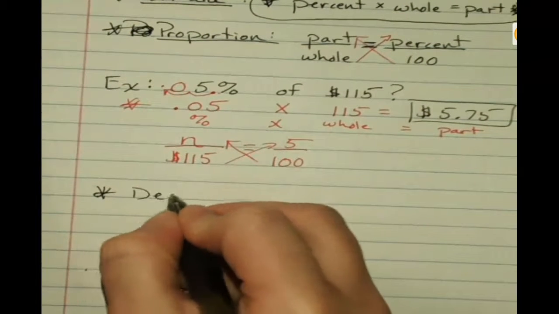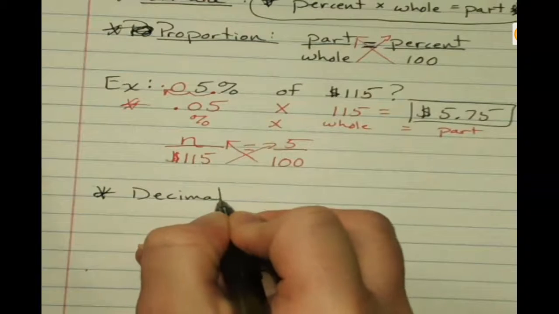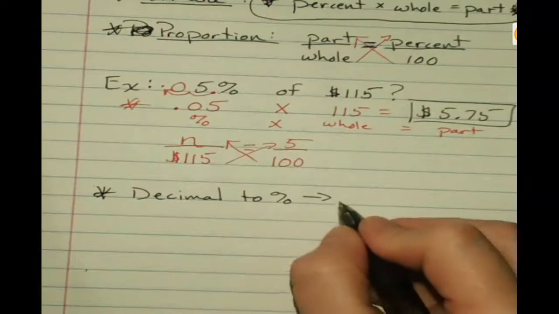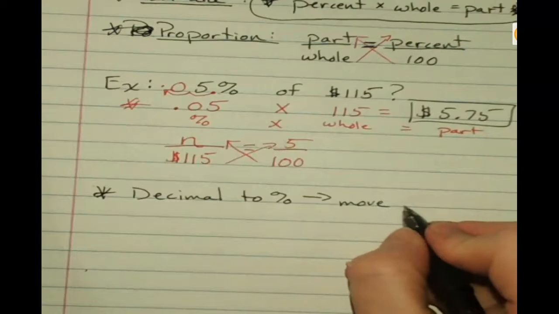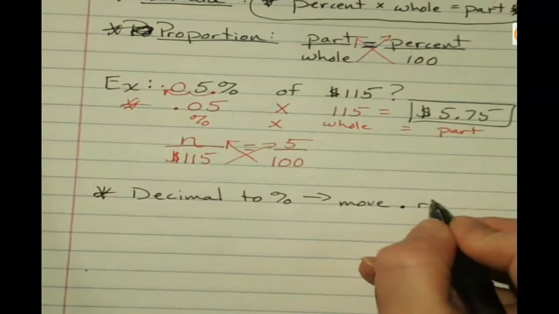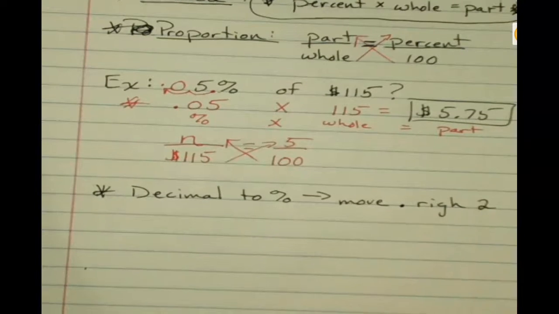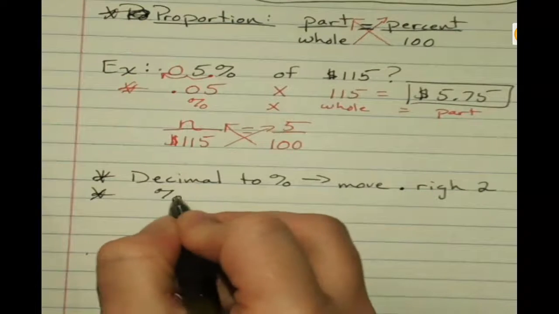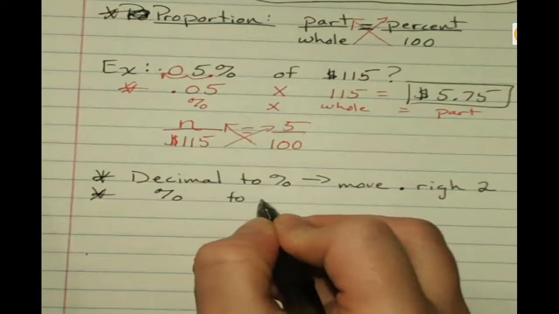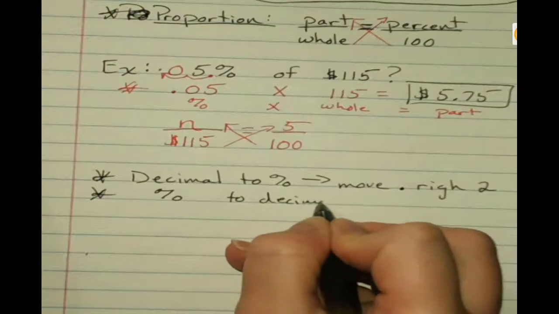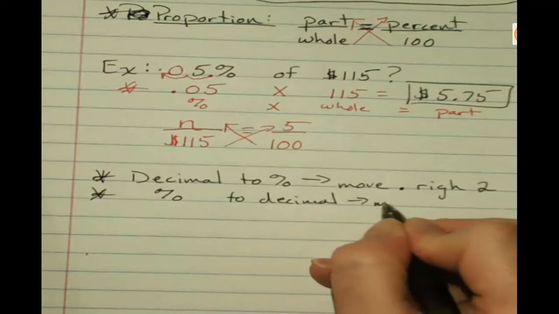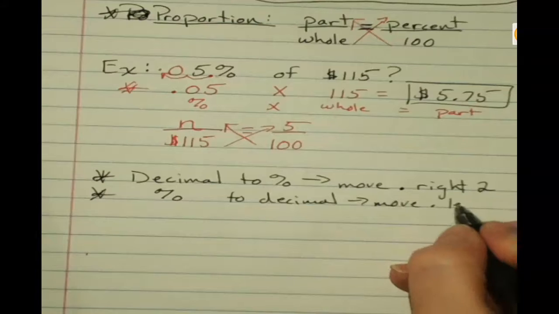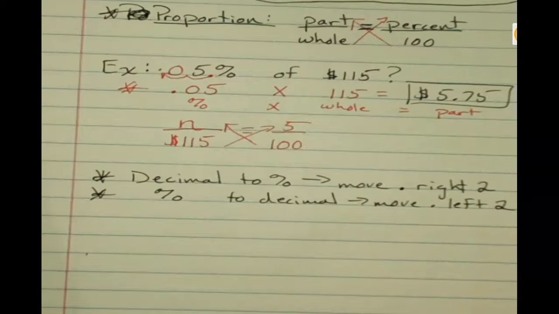Remember, if you're changing a decimal to percent, you move the decimal right 2 places. If you're doing a percent to decimal, move the decimal left 2 places.